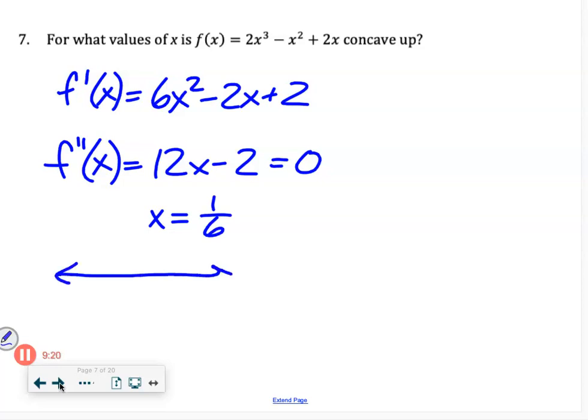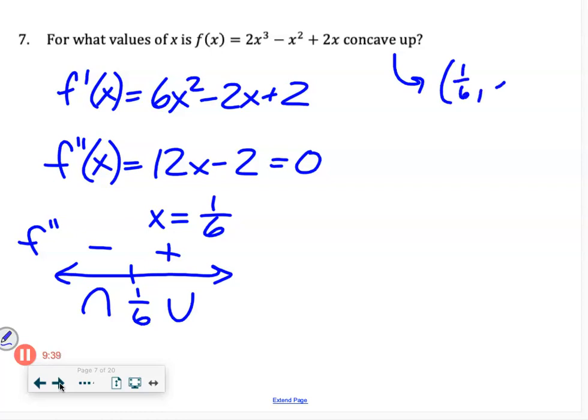So we make an f double prime sign line. If we plug in x equals 0, we get a negative. If we plug in x equals 10, we get a positive. So we are concave down, then concave up. We are concave up for all x greater than 1/6, so 1/6 to infinity, or however they wrote the answer.